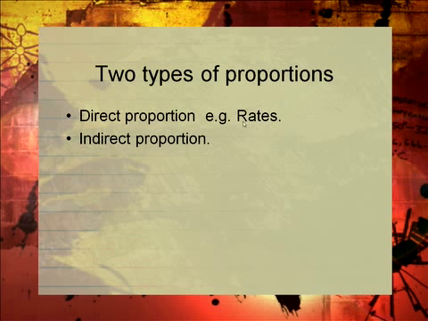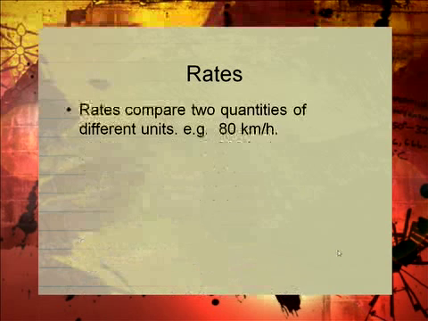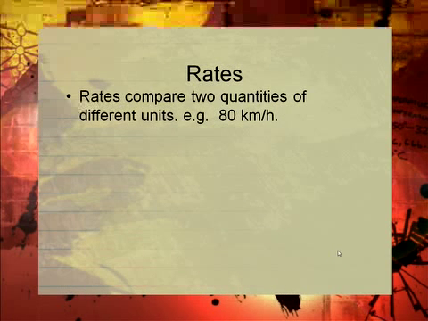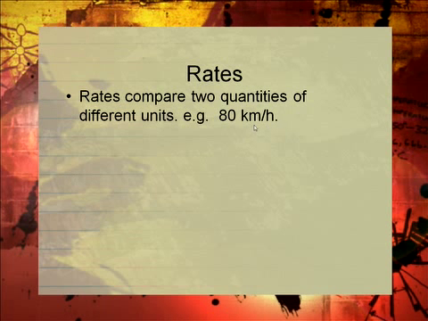But look, the rates. When I introduced this lesson, I talked of the rates. The rates are the most common direct proportions. Rates compare two quantities of different units, e.g. 80 kilometers per hour. Can you see here I've got distance and time, two different quantities? Then you're talking of rates.